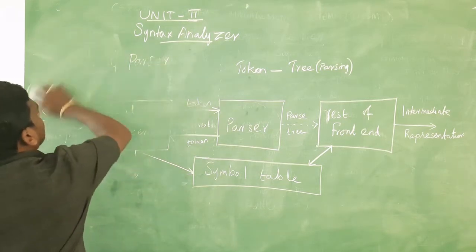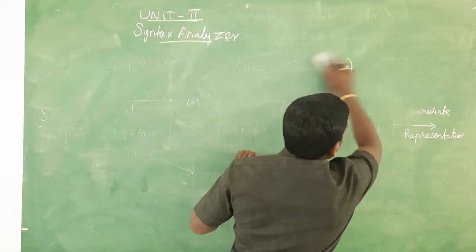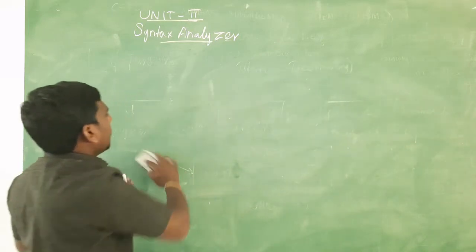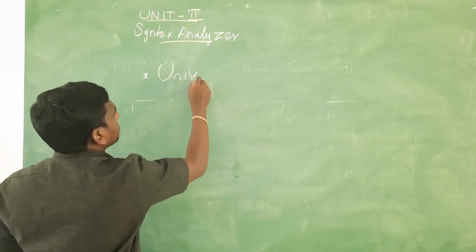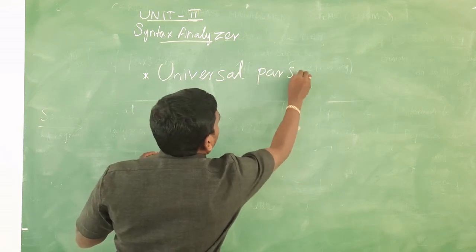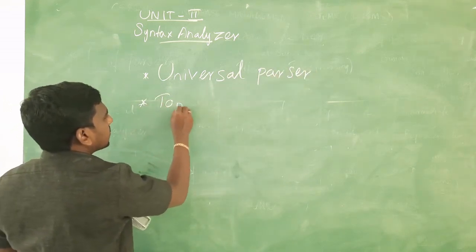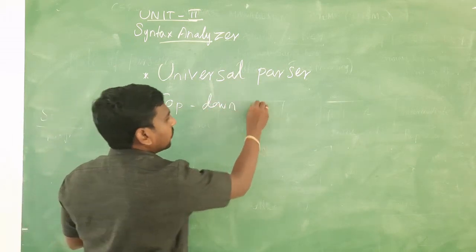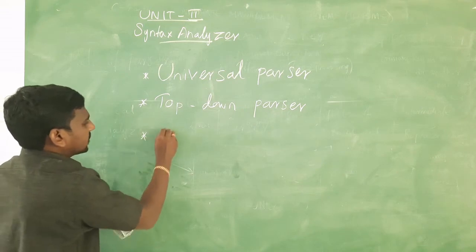Types of parser: we have mainly three types. The first one is the universal parser, the second one is the top down parser, and the third one is the bottom up parser.